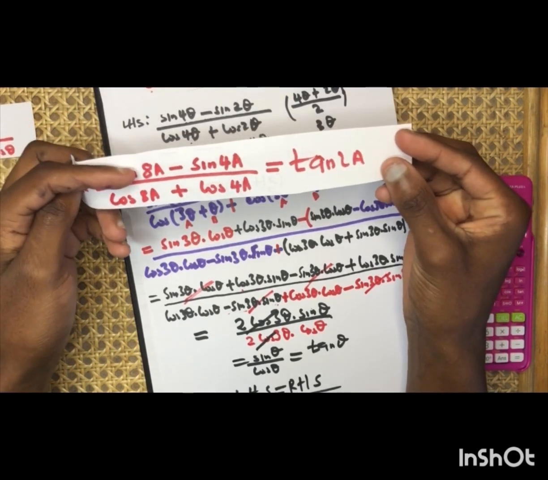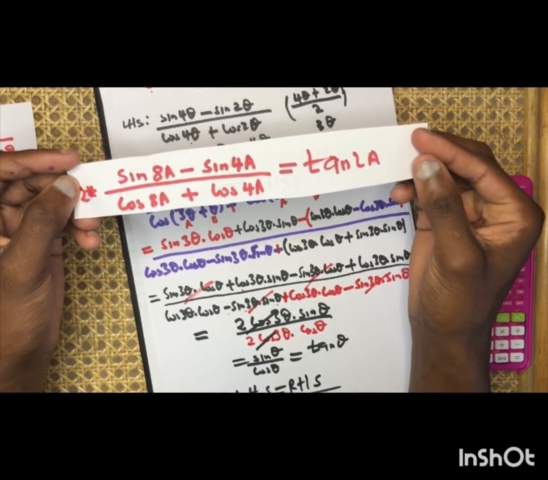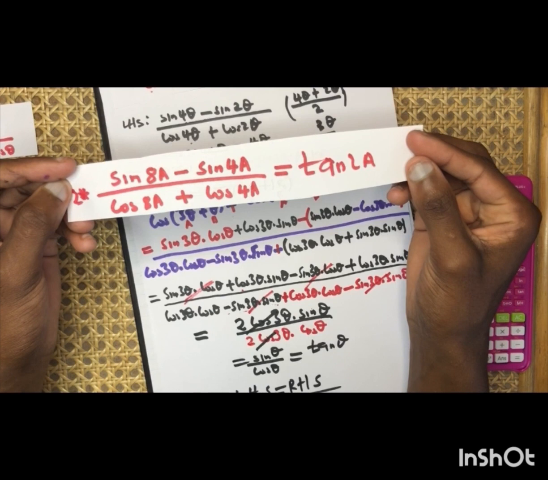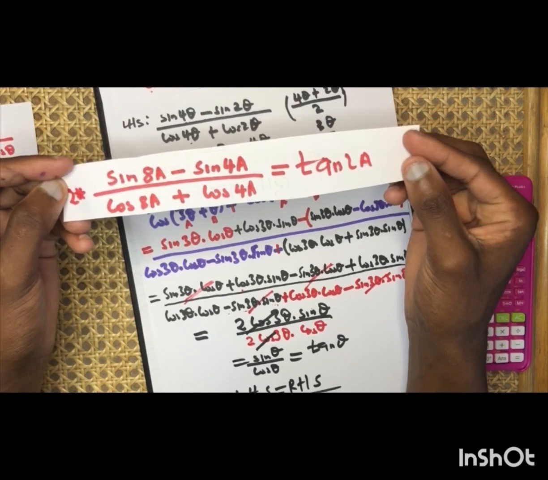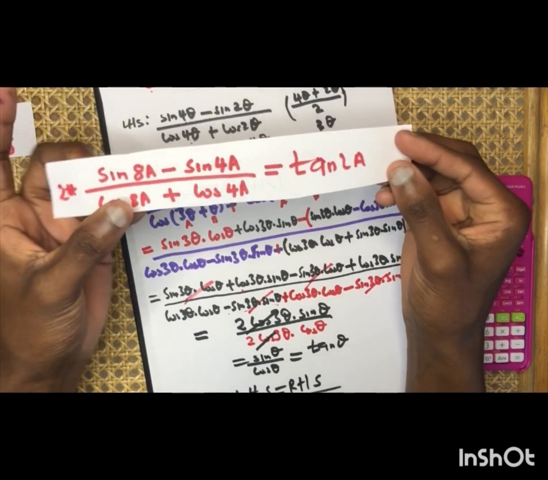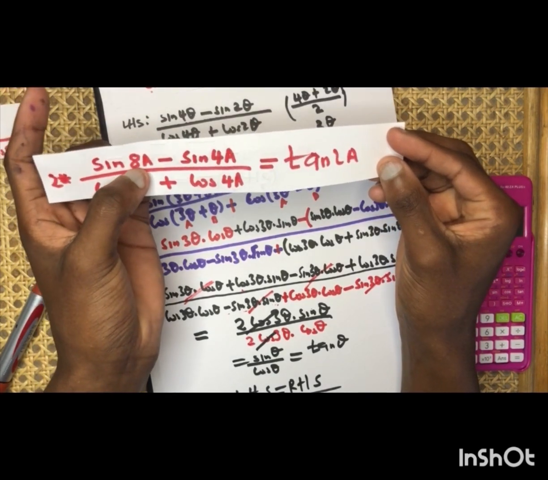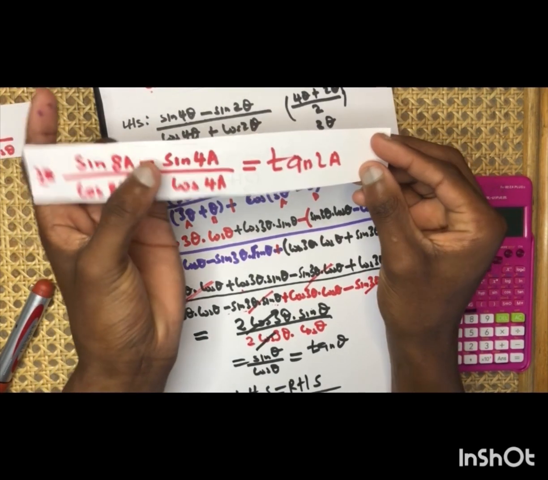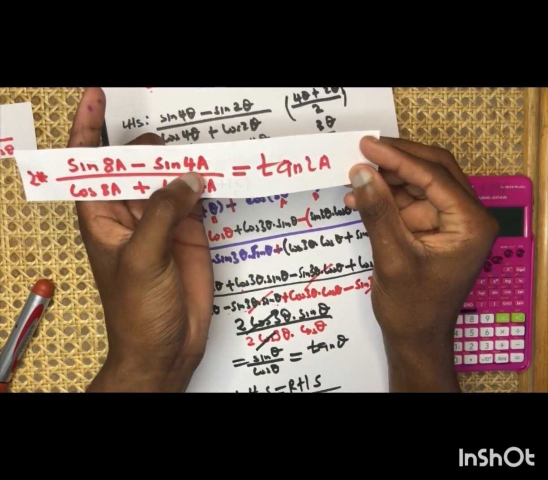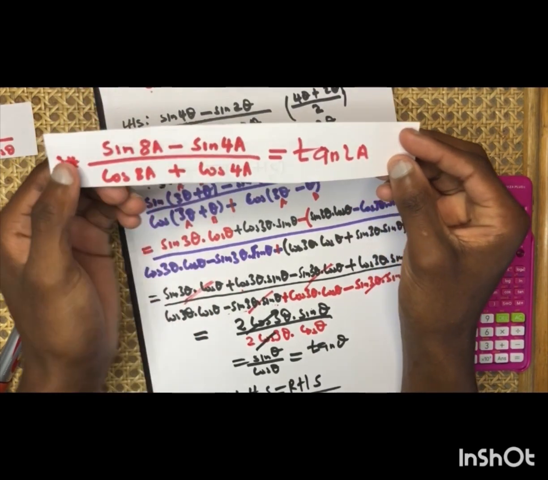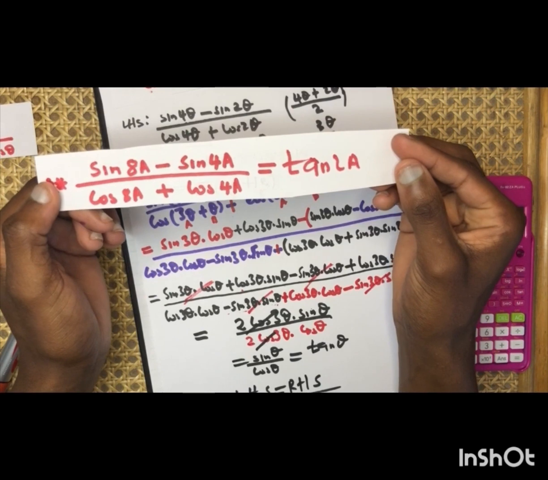Remember, you have to look for the average to make your life easy. If you add 8 plus 4, you will get 12. Then you divide by 2, then you get 6. Which means whatever you do here, 6 must be involved. So if you say 6 plus 2, then you get 8. If you say 6 minus 2, you get 4. So same applies. Then you apply your compound angles.